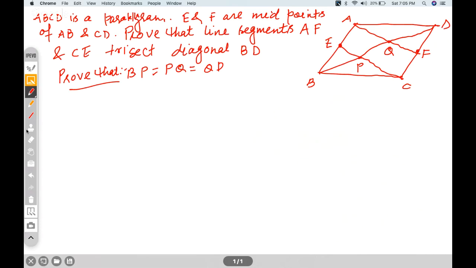Use the properties of parallelogram. Try to prove that AECF is a parallelogram.